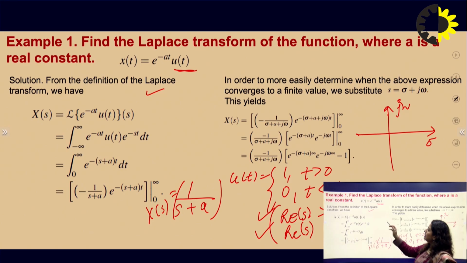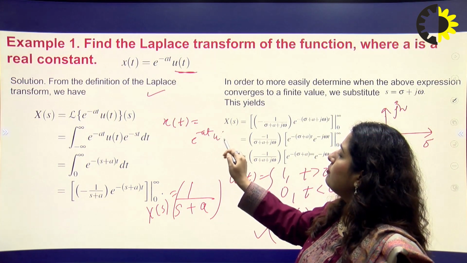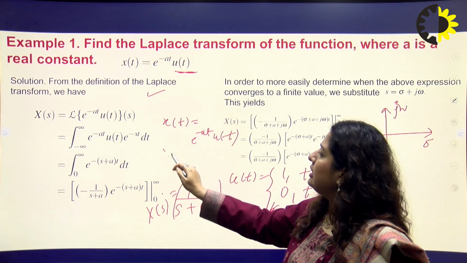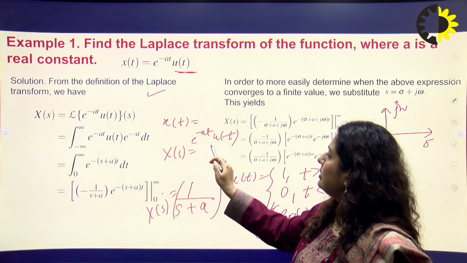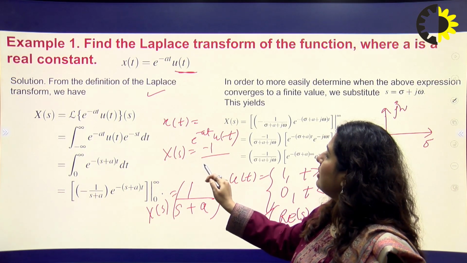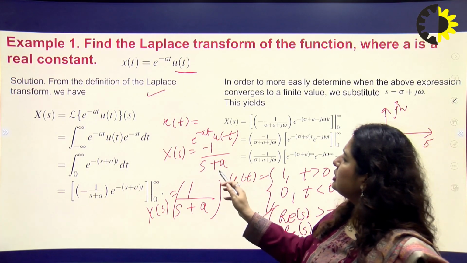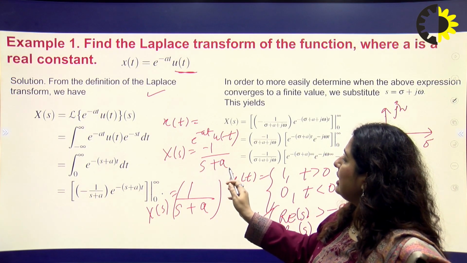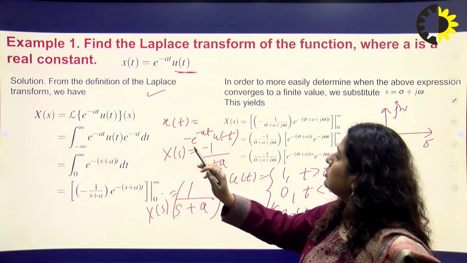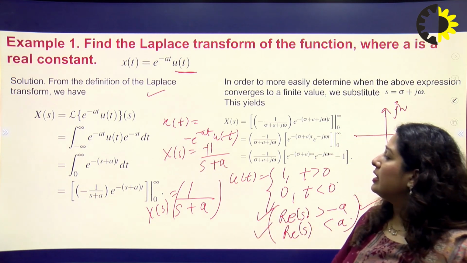If the function is u of minus t, suppose in this question we have x(t) equal to e to the power minus at u of minus t, then when you calculate the Laplace transform, it becomes minus 1 upon s plus a. Also, if you take minus of e to the power minus at u(t), then it becomes minus 1 upon s plus a.